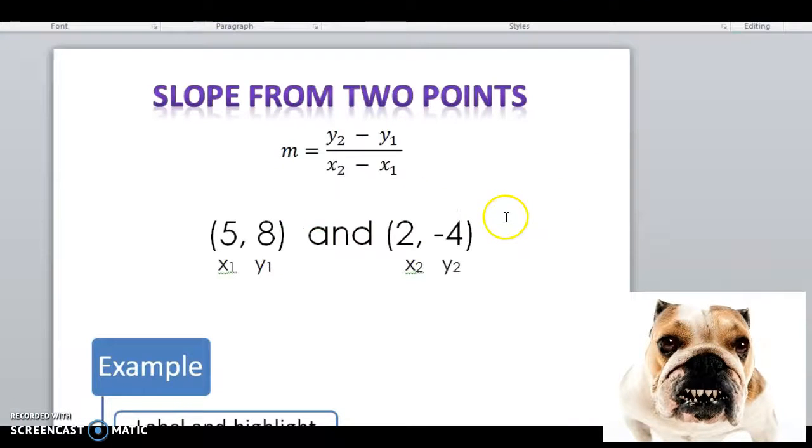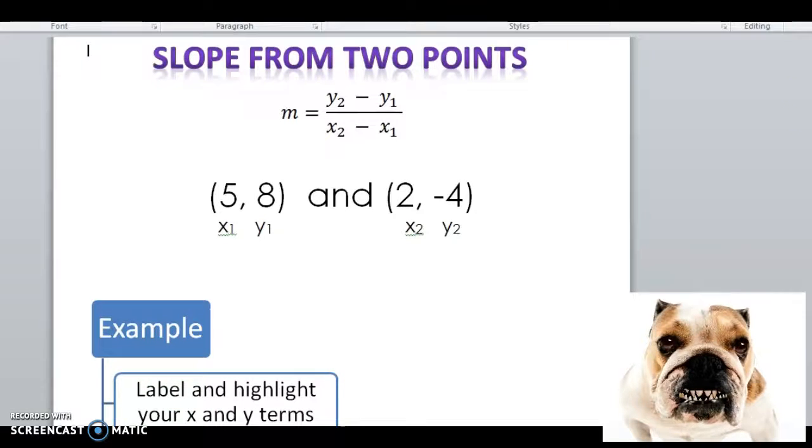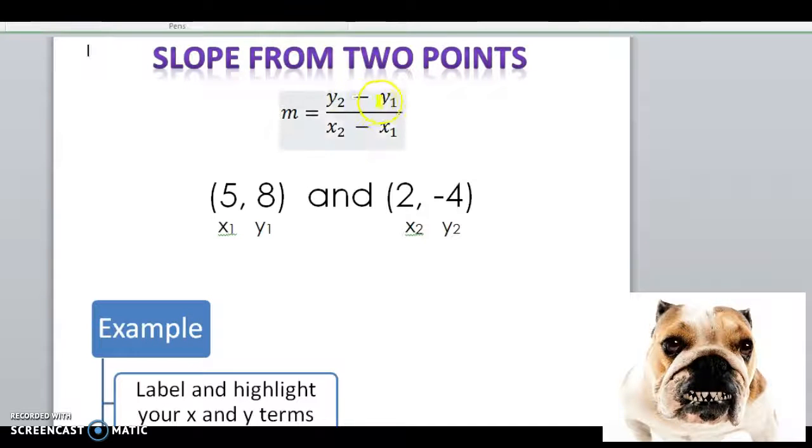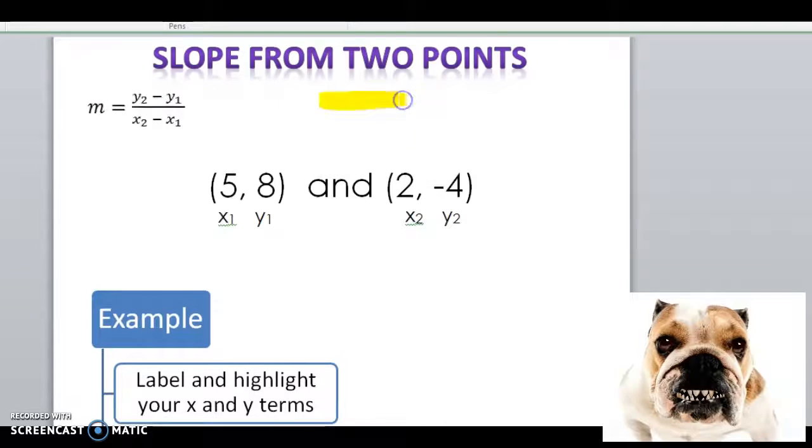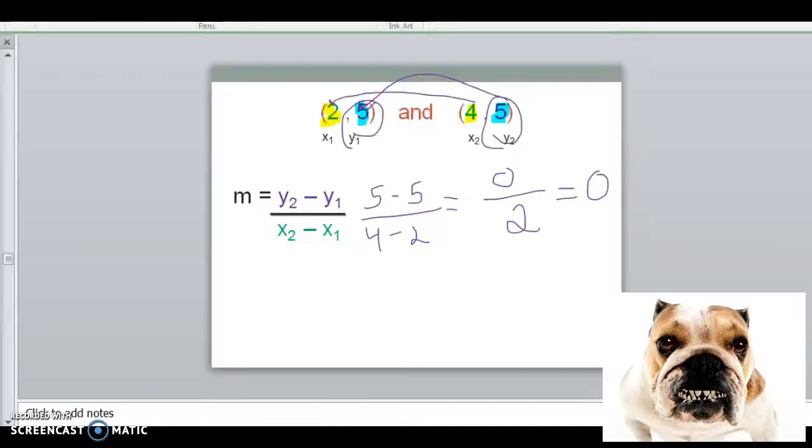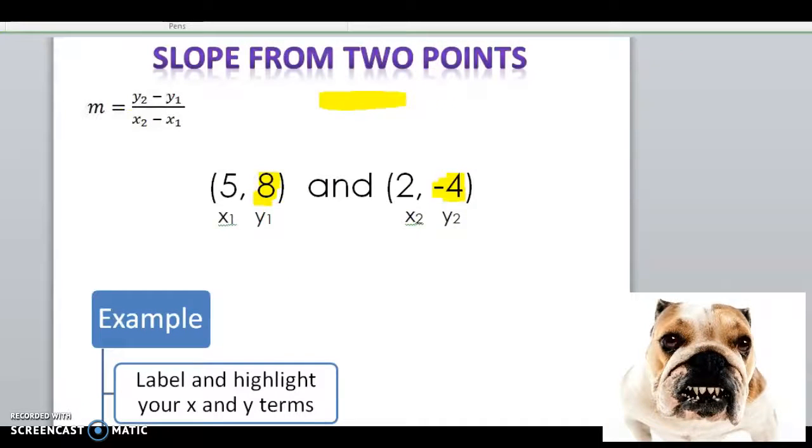Okay, I want you to take out your graphic organizer. At the top, I have the y2 minus y1 over x2 minus x1. I'm going to use yellow. Whoa. Well, that's not going to work out. Actually, I should keep it consistent.